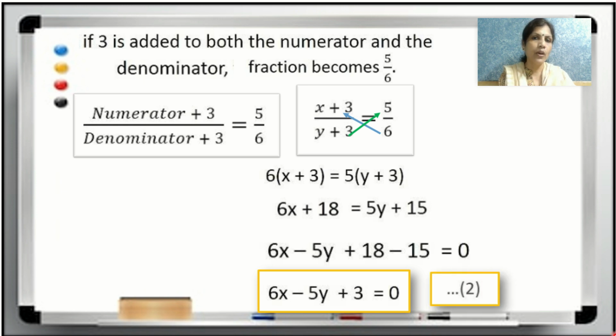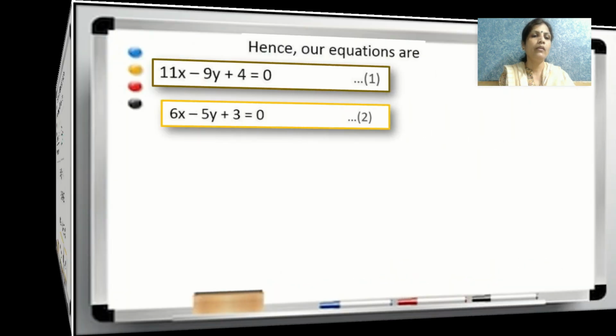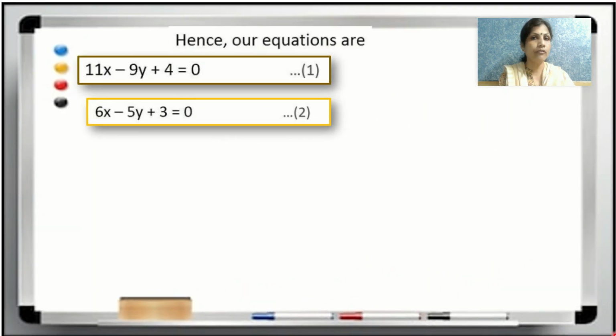Once you get both the equations, now your sum is 80% done. Then it is just finding the value of x and y. So both the equations we have, let's try solving it. From equation 1, we can find the value of x and substitute it in equation 2. So 11x = 9y - 4, from equation 1.